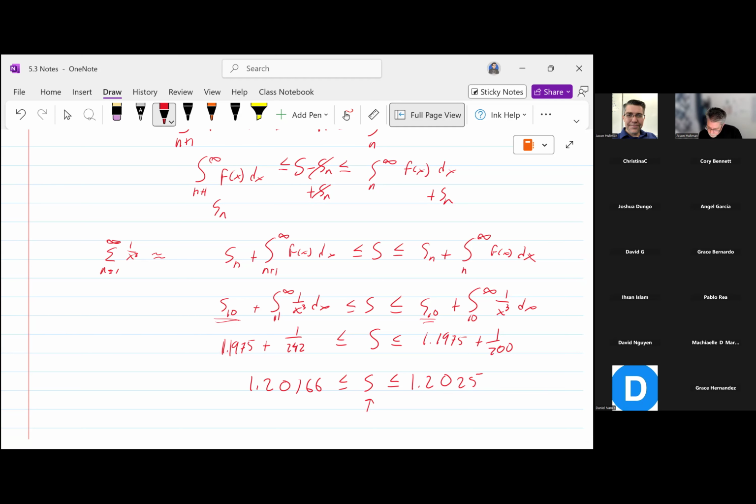We've locked in 1.20, between 1.20166 and 1.2025. So we can get pretty accurate even after just 10 terms. Again, I don't know what this converges to off the top of my head, but it's going to converge to some value between those values.